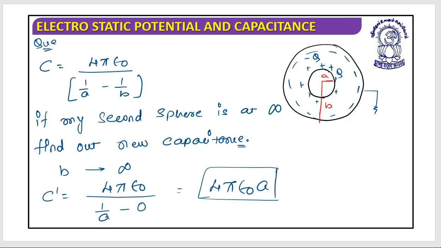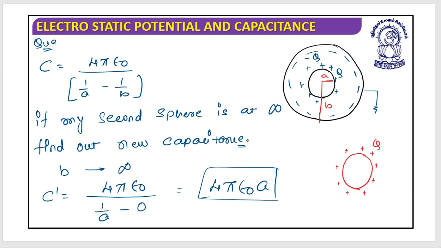If you wonder where my second plate is, it should look something like this: a sphere is there and the sphere has been provided a charge q. Now you are finding out the capacity of this. Then you might wonder, sir, where is the second plate?